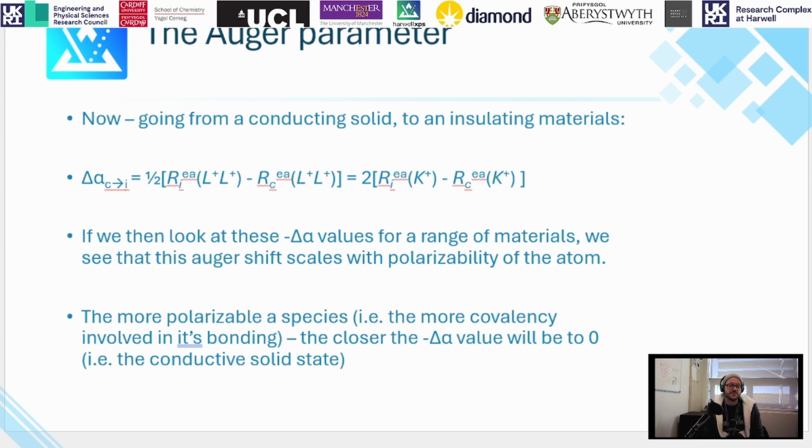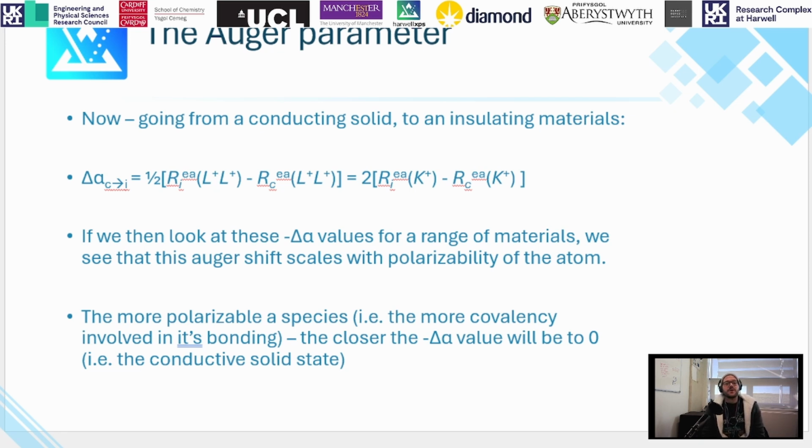So the shift in the Auger parameter from going from a conductive solid to an insulating material can therefore be derived from half of the extra atomic relaxation energy going to an insulated material for the L plus minus the extra atomic relaxation energy for the conductive material for the L plus, which is also equal to 2 times the extra atomic relaxation energy for the ionized K state, because again we have this relationship from the charge on the ion.